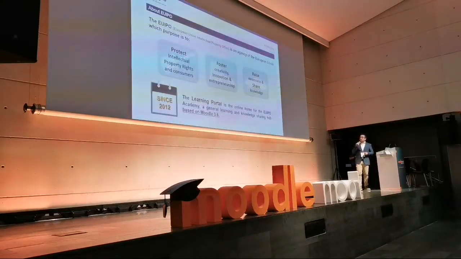It's an EU agency whose main work is to register trademarks and designs. Not patents, but trademarks and designs. We also host the observatory for infringements of intellectual property rights. And part of our important day-to-day work is to raise awareness and share knowledge about IP, intellectual property rights.